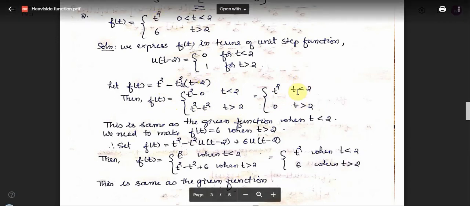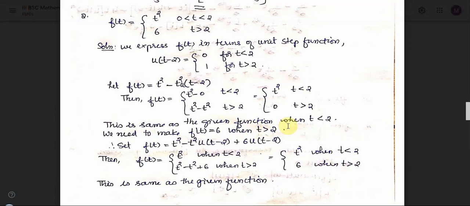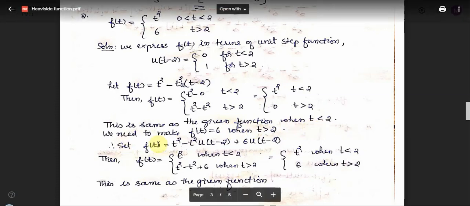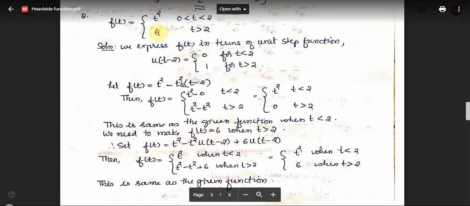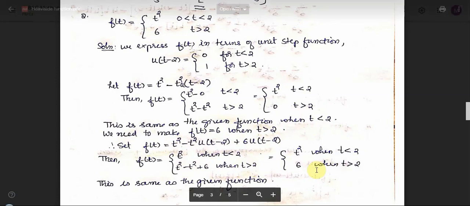The first part is the same, but the second part I should make it as 6. This is the same for the given function. When t is less than 2, we need f of t to be 0, and f of t is 6 when t is greater than 2. So to make that, what shall we do? The same function what we have set we will take. Because this is plus 6 over here, I will add this number into u of t minus 2. Then we will check by the definition.